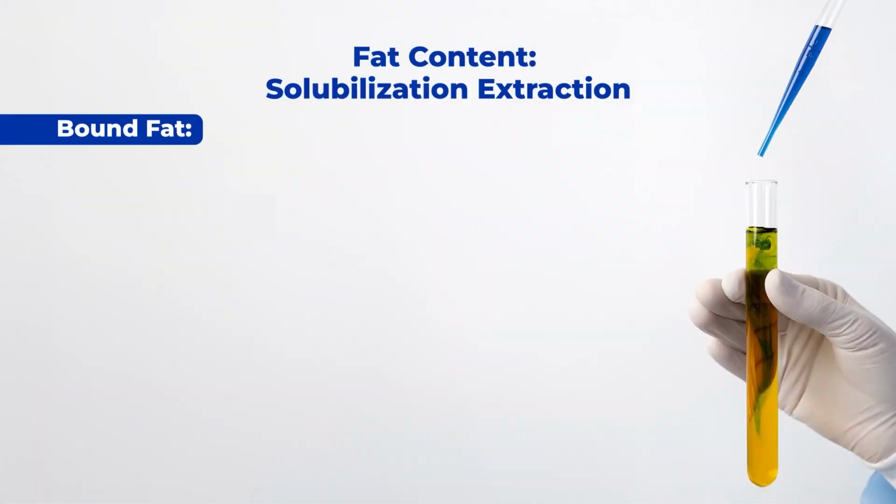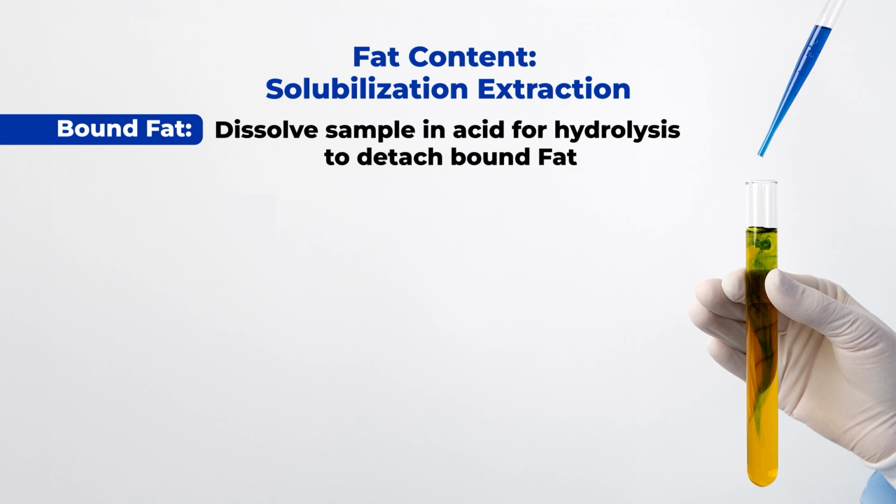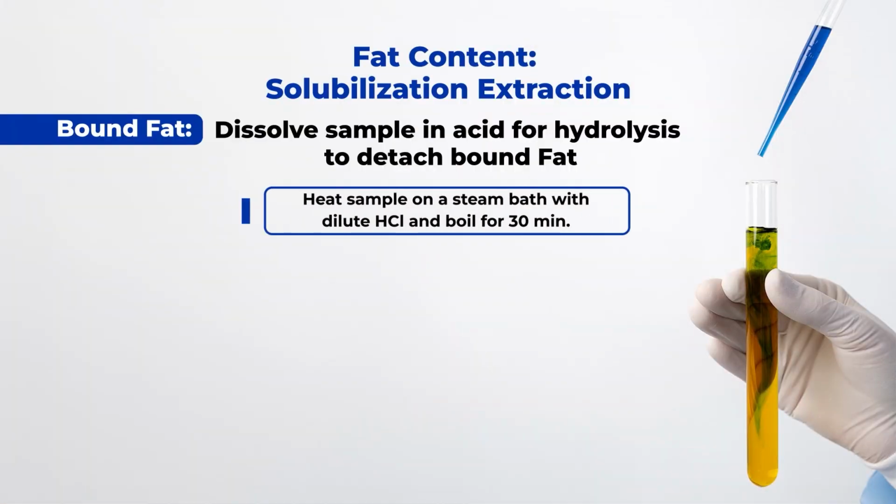There is another method, that is solubilization extraction. This is for bound fat. I told you, the fat which is entrapped in the structure, bound. So you dissolve the sample, and you don't dissolve the sample in just one hydrolysis. You do it in acid for hydrolysis to detach bound fat. So basically, we use hydrochloric acid, take the sample, put in hydrochloric acid, and boil it for 30 minutes.